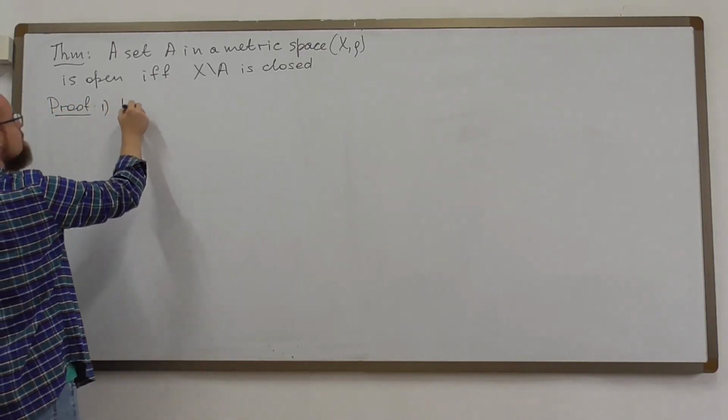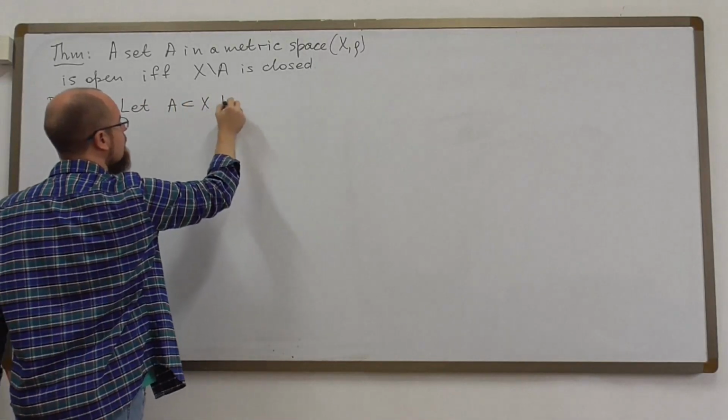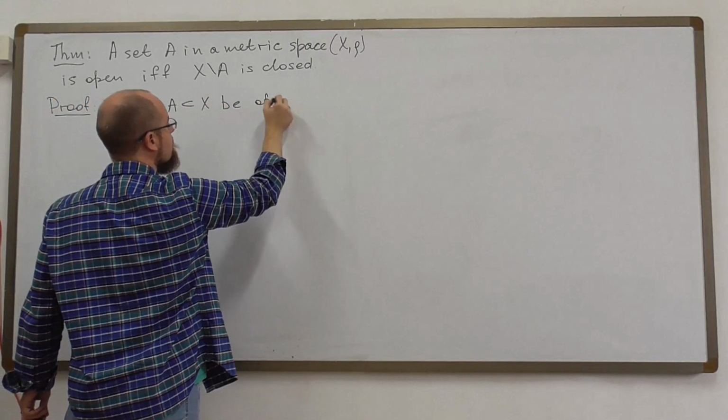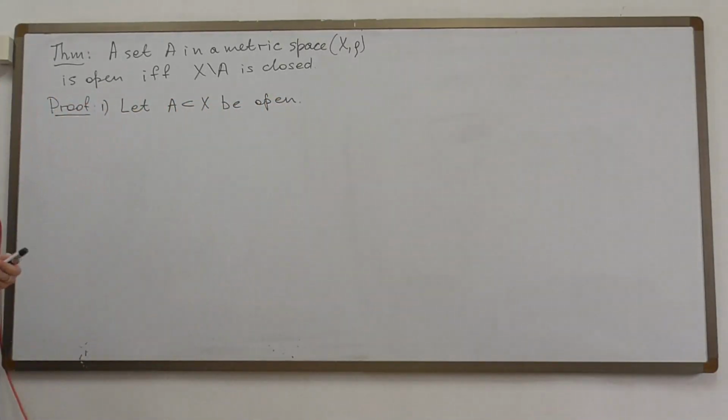First, let A in X be open, which means that every point of A is an interior point. So it sits in A together with some neighborhood.